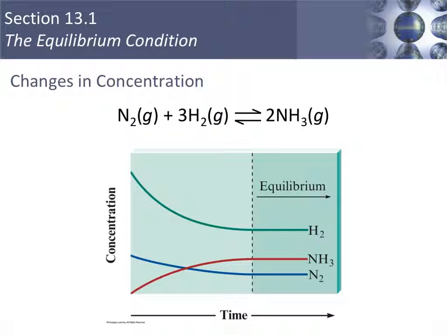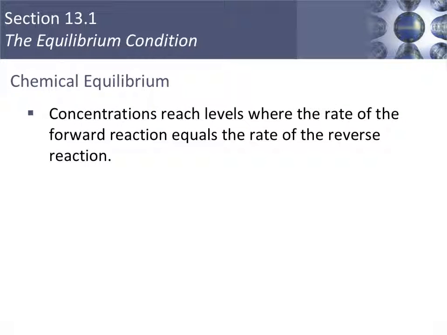Over time, the reactants decrease in concentration while the concentration of the product, which is ammonia, increases until they reach a constant value. And at that point, equilibrium has been reached. As I mentioned previously, this is also the point at which the rate of the forward reaction equals the rate of the reverse reaction, so that there's no net change.